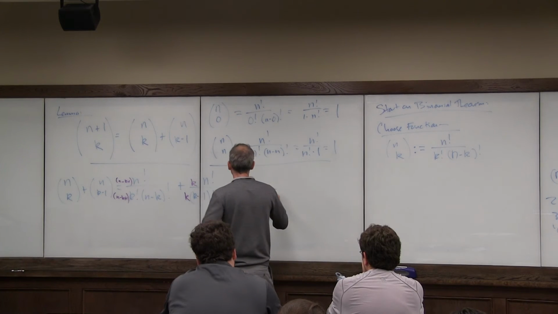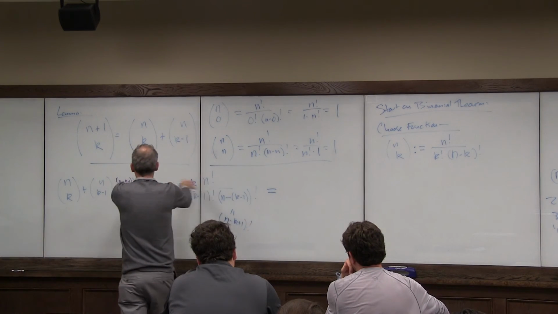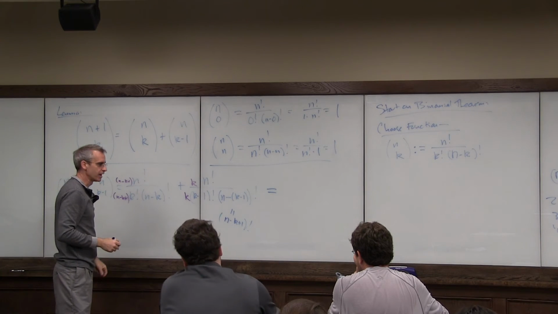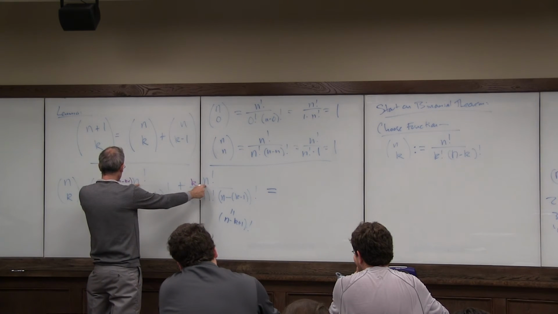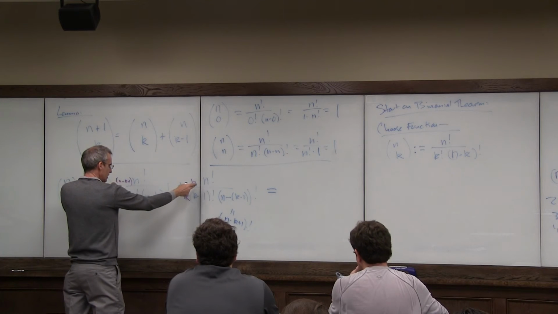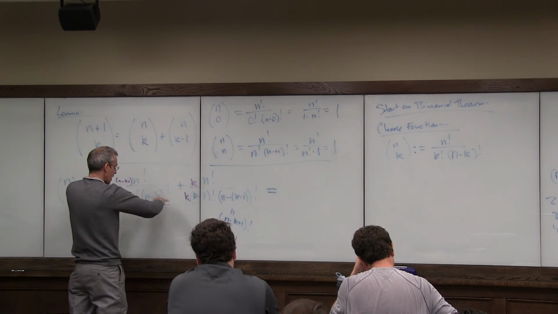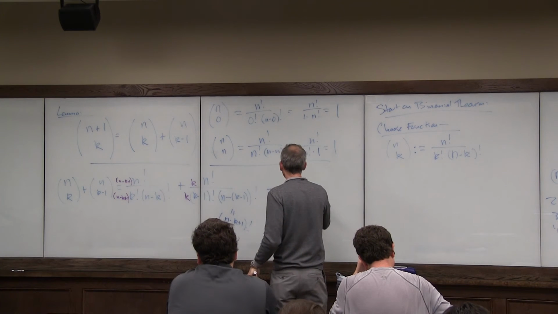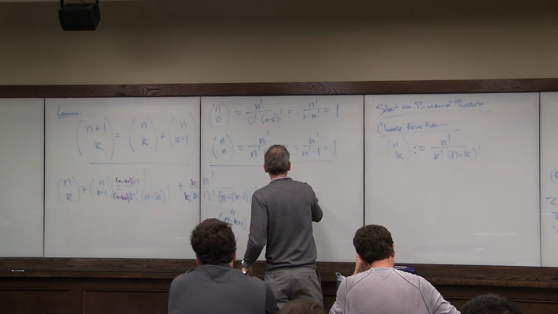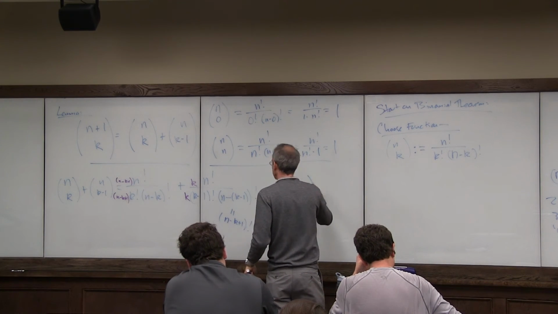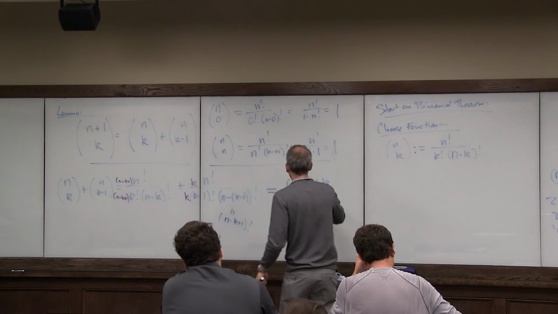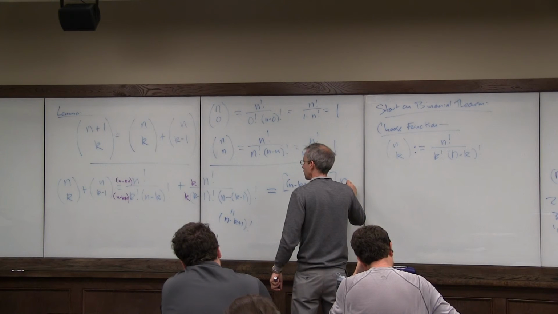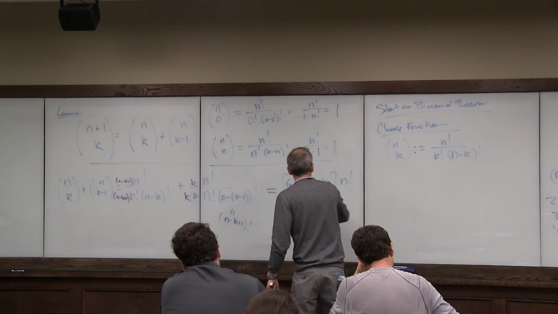All right, let's collect some stuff then. Now rather than really messing this whole thing up here, just see that you've got an n factorial and factor that out. Common denominator. So what do you get here? You get n minus k plus 1 plus k times n factorial.